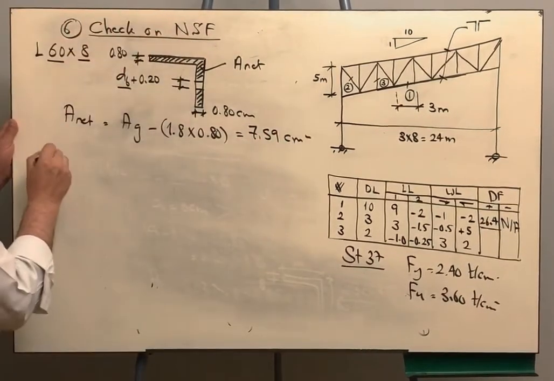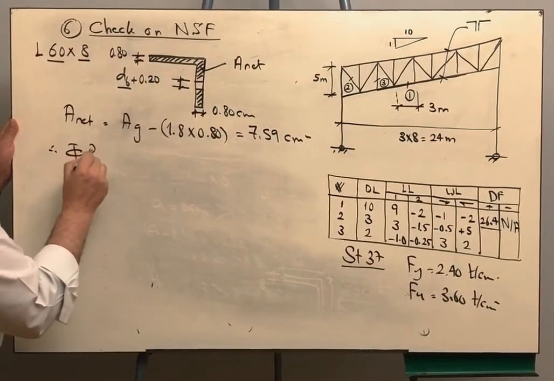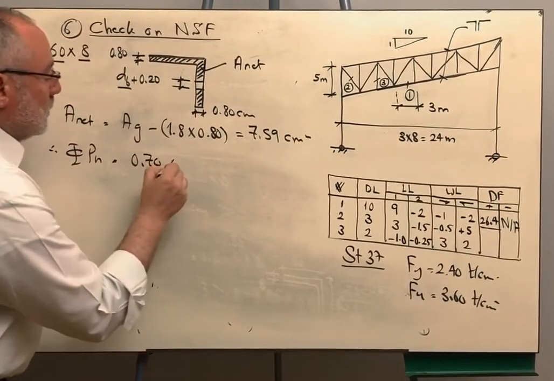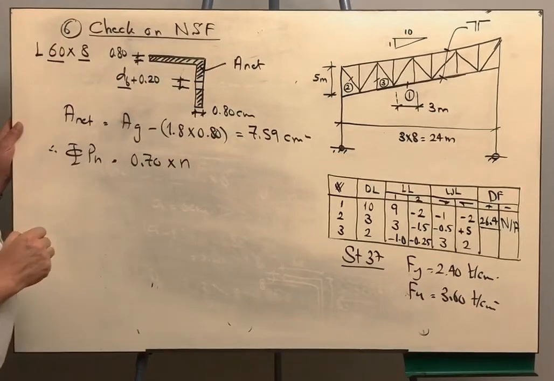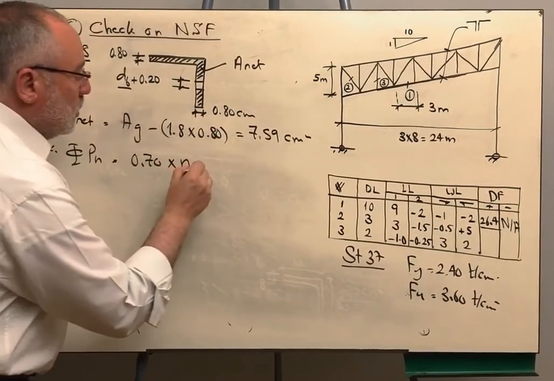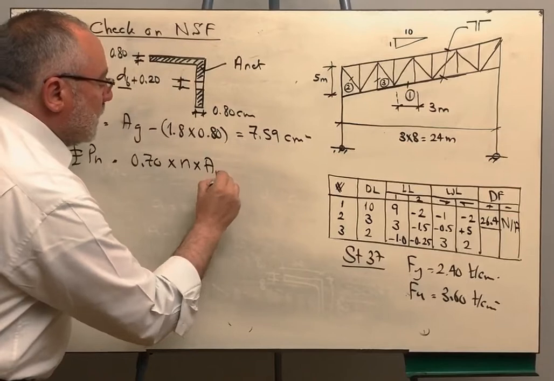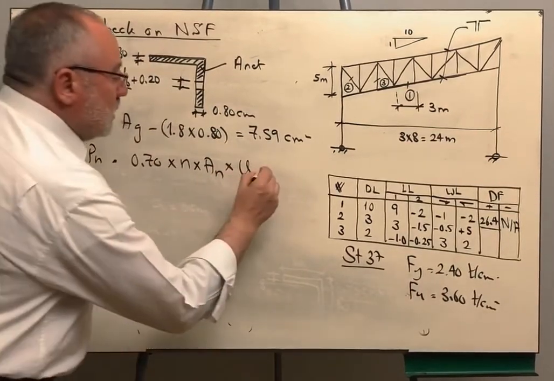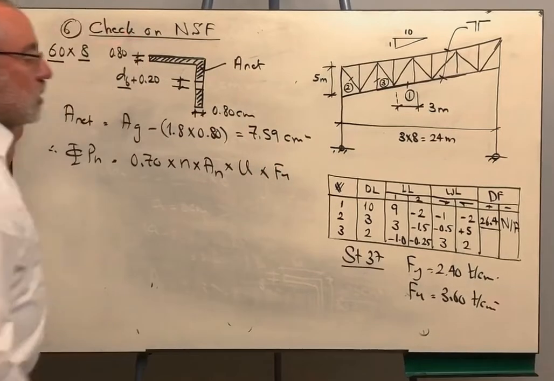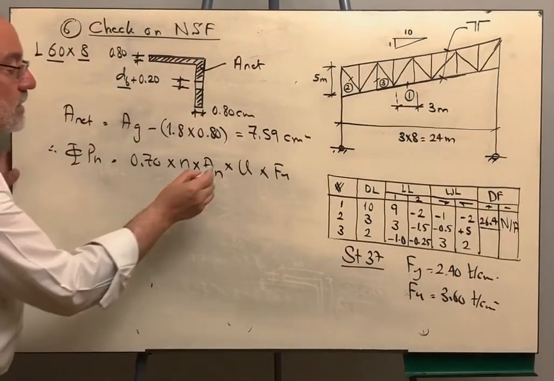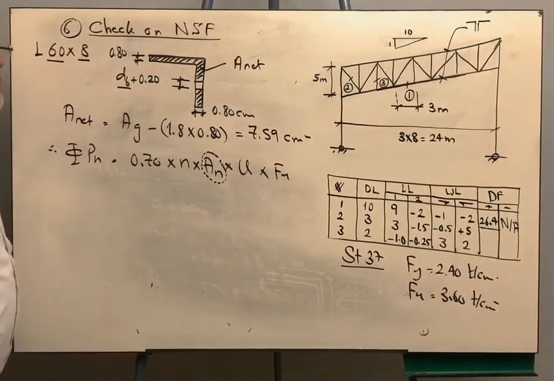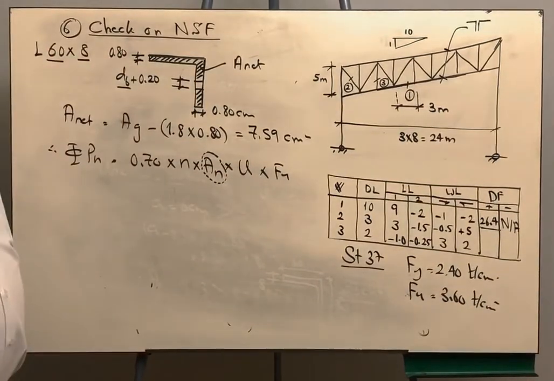centimeter square. Therefore, phi P nominal will be 0.7, which is phi, multiplied by n, which is the number of angles, we are having 2, and multiplied by area net, and multiplied by u, and then multiplied by F ultimate. Where is beta? Already, beta is taken into consideration because we substituted here with the net area, not the gross area.